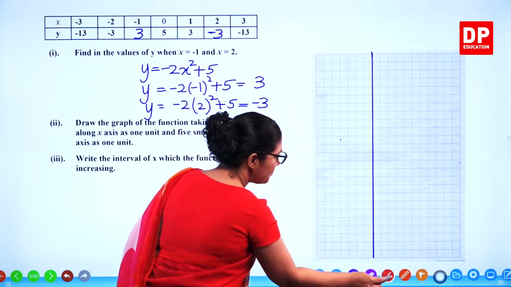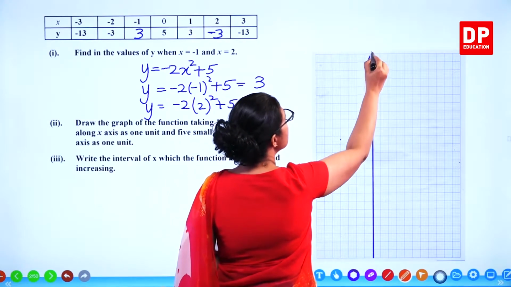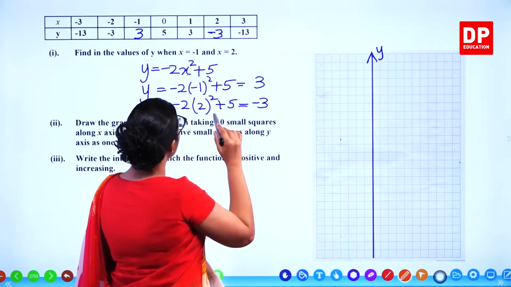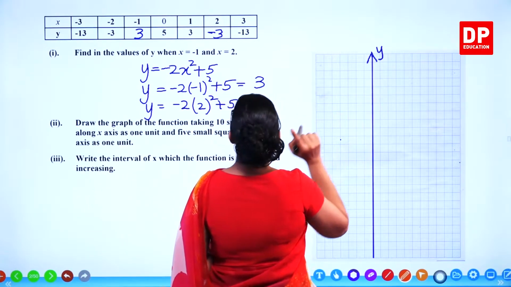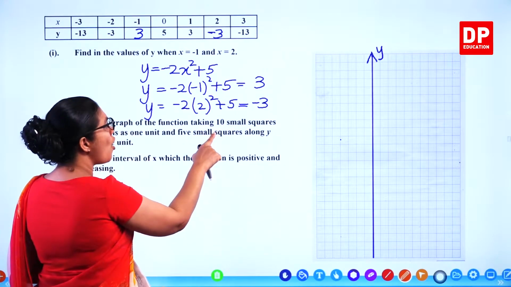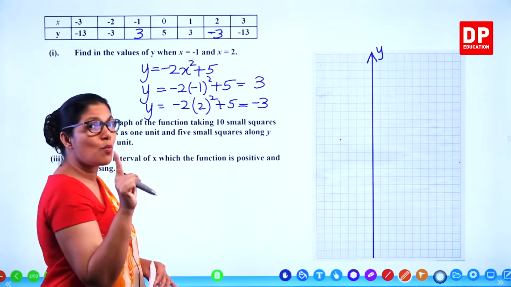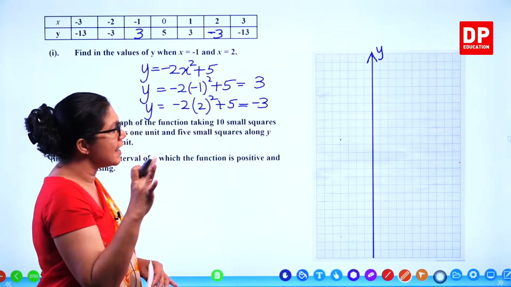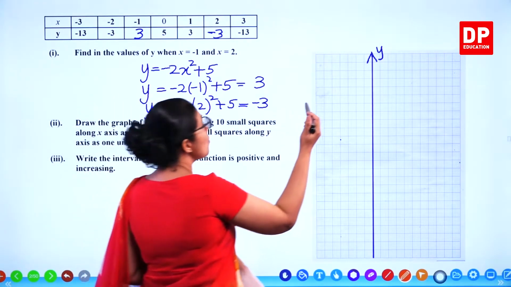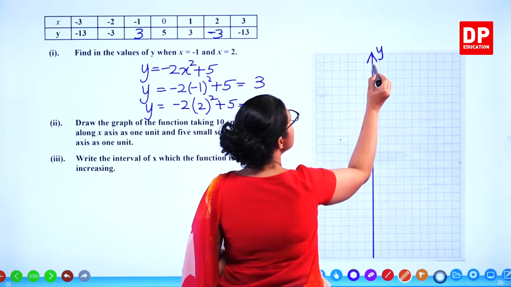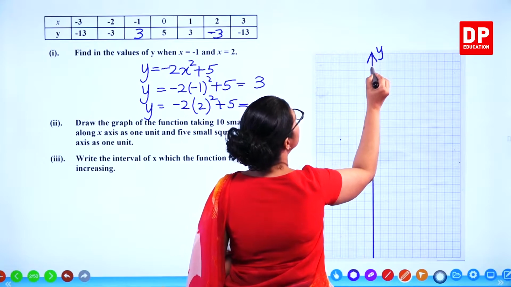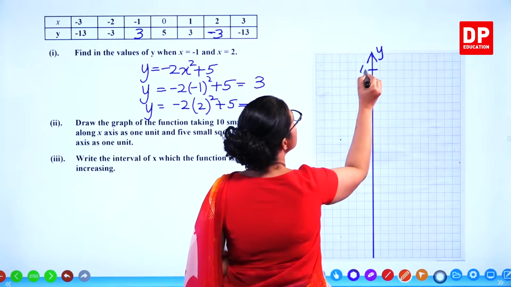Then you can label it starting from plus 5. Plus 5 is the highest, but the scale is different. 5 small squares along the y-axis is 1 unit. So what about 10? 10 squares means 2 units. So I'll start with 6.